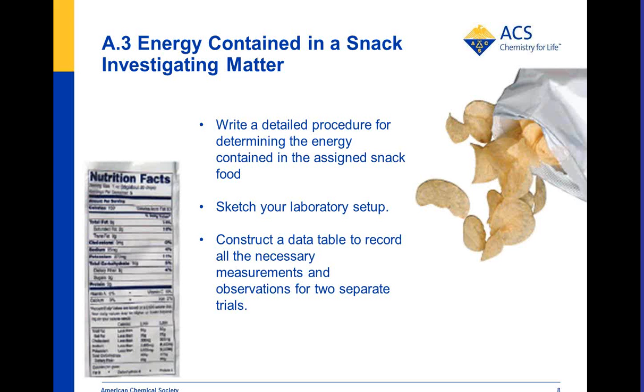So they're going to bring in their own snack food to test, and they are asked to design their own lab. But there are some hints and suggestions that they go back to the 3C unit, and look at these other labs, because this shows them how to set up their laboratory setup and how to construct the data table to record all the measurements that they need.